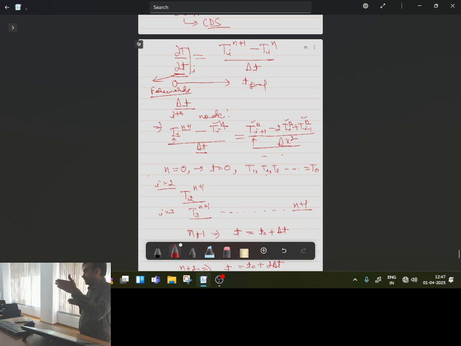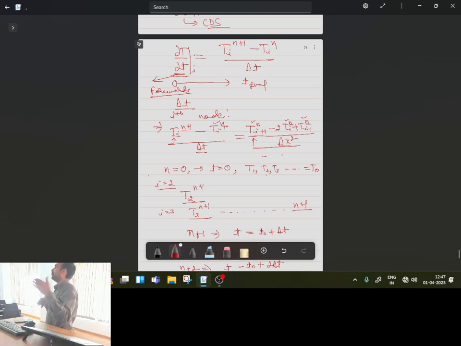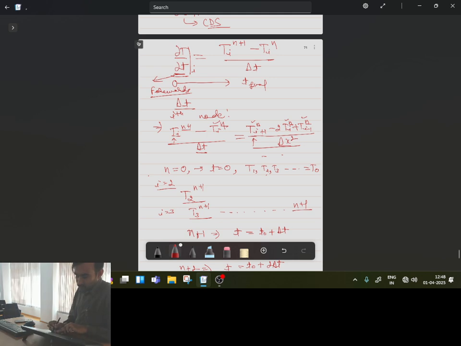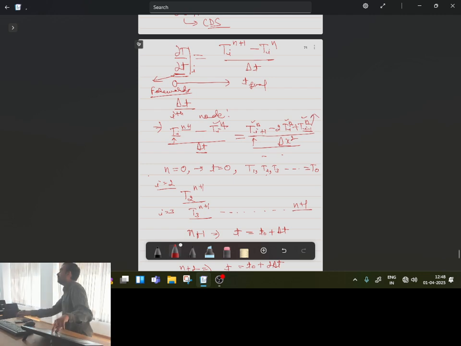But whenever I will be imposing the boundary condition in the next step, which is T1, T0 and Tn, then one boundary node will also come into the picture whose temperature will be other than T0, and that will try to propagate its effect with the progression of time.